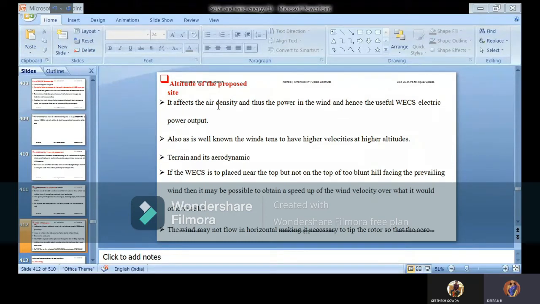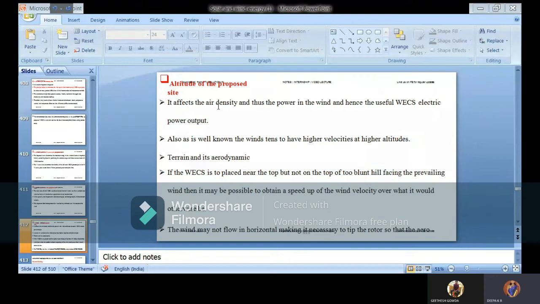That is density. You can say a number of people are contributing and you are getting a beautiful output. But one person, one thought, one idea, it will be executed but take more time. Similarly here, the altitude of the proposed site will affect the air density as well as reduce the power output.